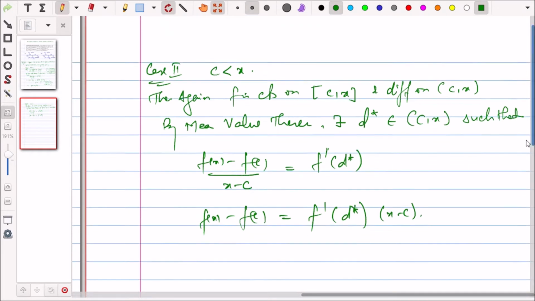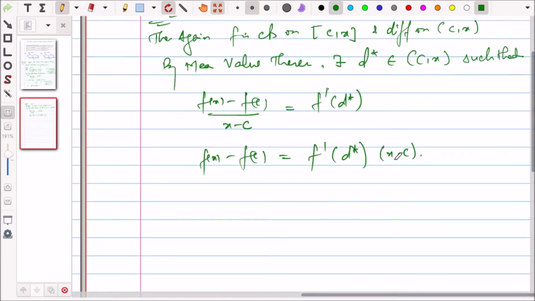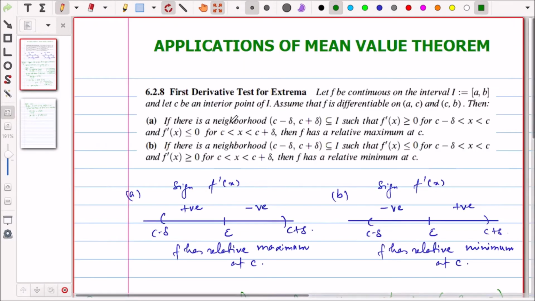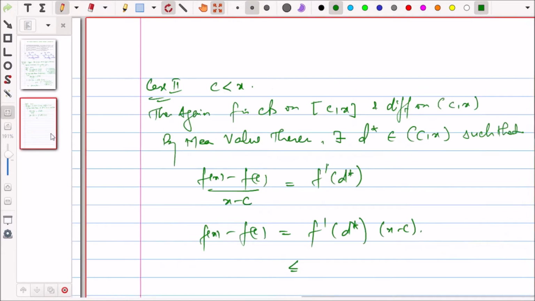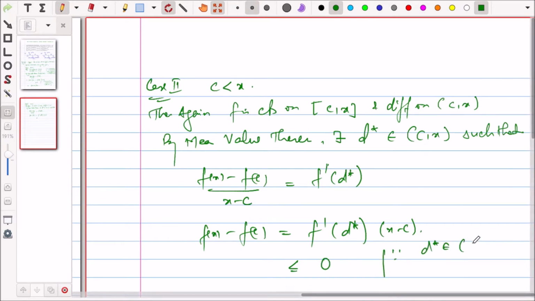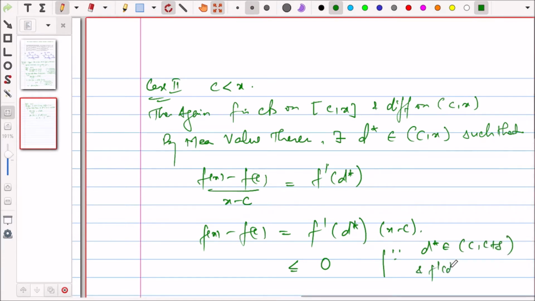Now what is the sign of this? x is greater than c, so this is positive, this is negative, because d star is on the right of c and the function has a negative sign on the right of c, right? So this is less than 0 since d star belongs to (c, c plus delta) and f dash d star is less than or equal to 0.